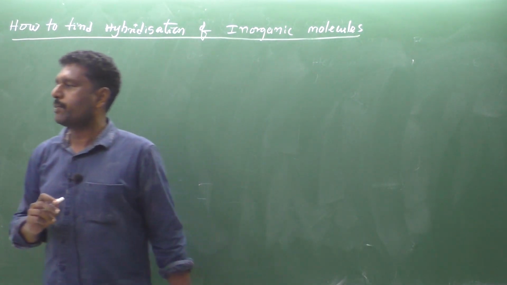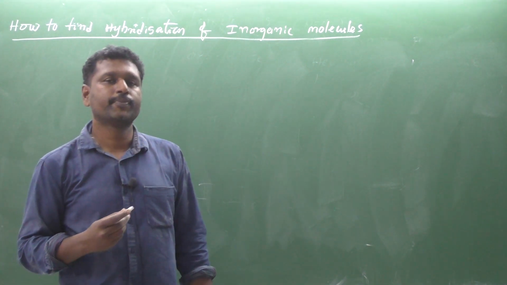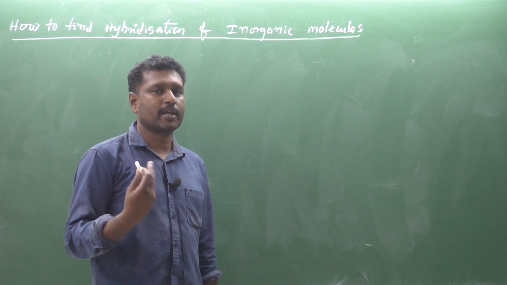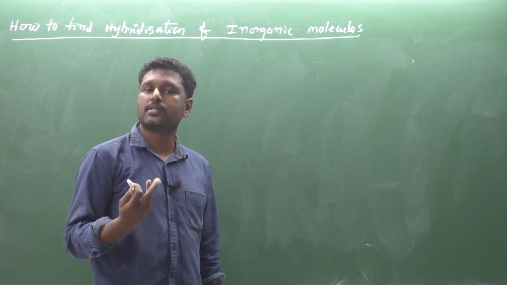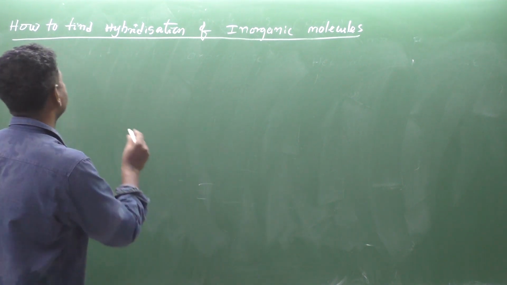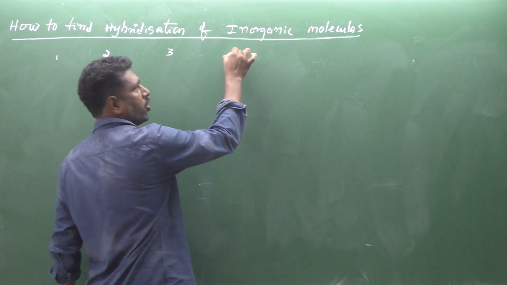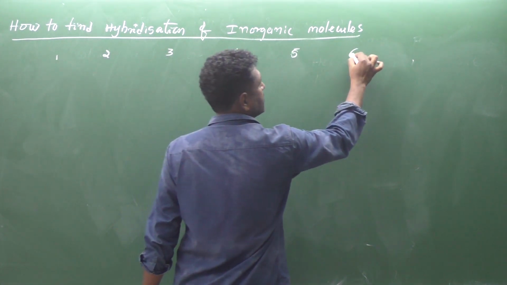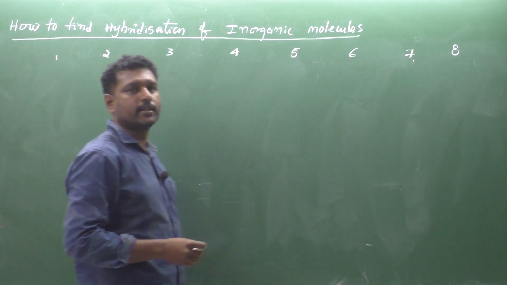First, we should know the group number of each element: first A group, second A group, third A group, fourth A group, fifth A group, sixth A group, seventh A group, eighth A group. So 1, 2, 3, 4, 5, 6, 7, 8. Eight groups are there.